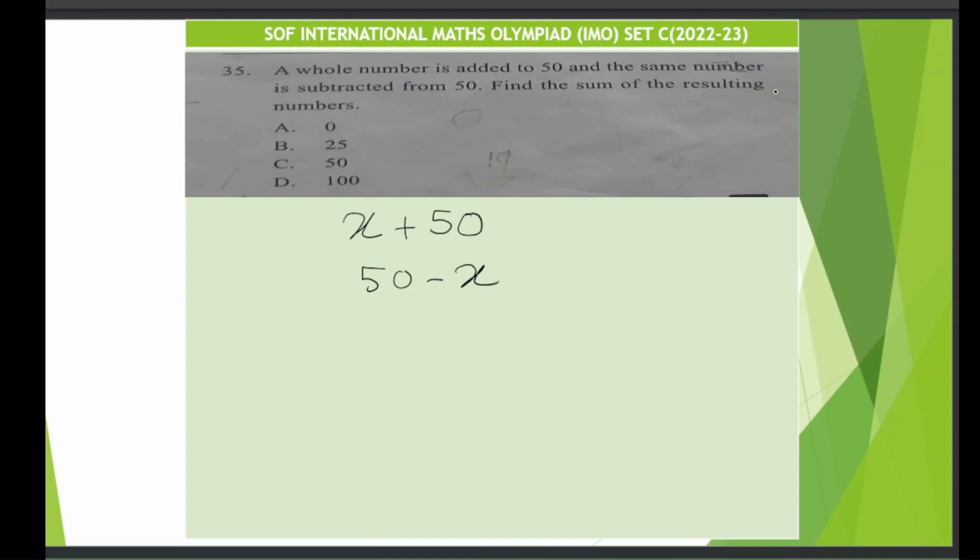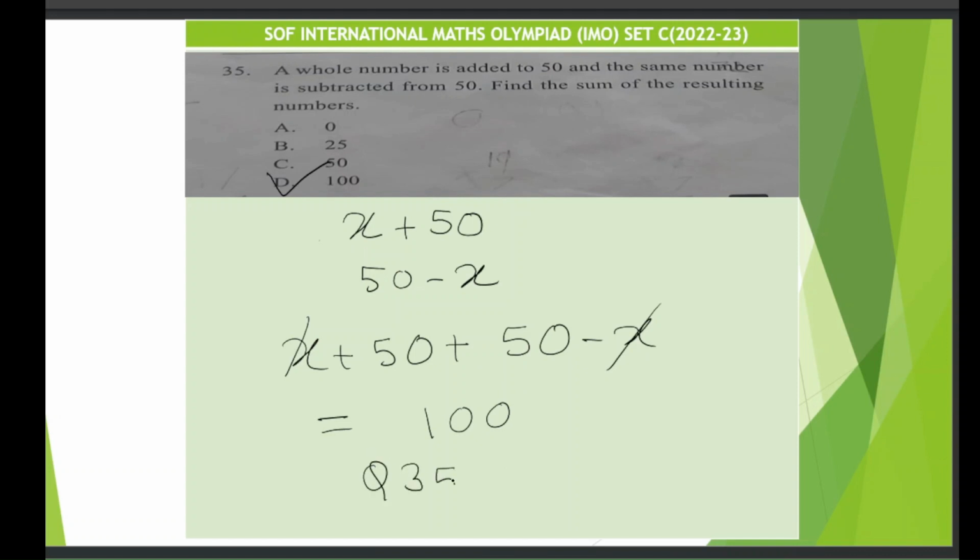Now find the sum of the resulting numbers. So if you try to add them up, x plus 50 plus 50 minus x. So x and minus x get cancelled. What stays is 100. So the resulting number is 100. Of question number 35, option D, 100 is the answer.